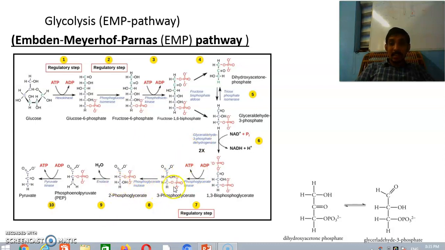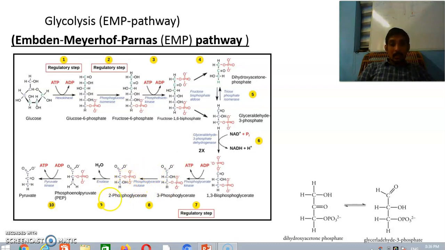What happened is the phosphate from the third carbon shifted to the second carbon. So that became 2-phosphoglycerate. That is the eighth step. That step is catalyzed by an enzyme, phosphoglyceromutase. It's a rotation reaction, mutase. So that is the eighth step.